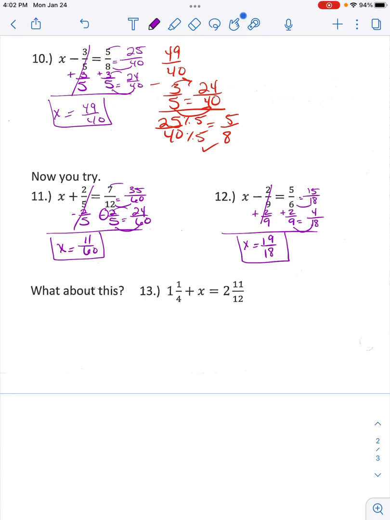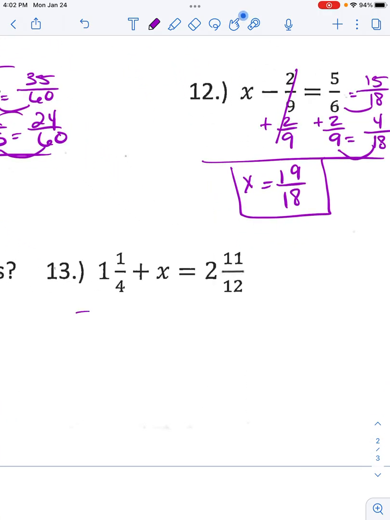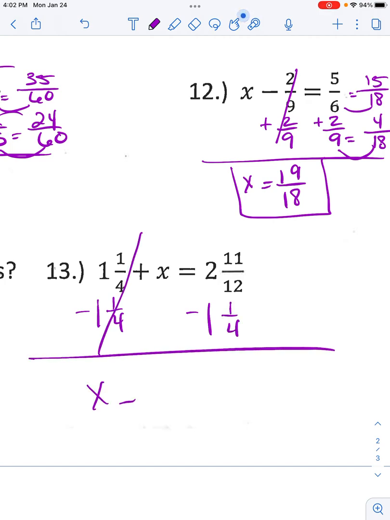Okay, the last one is just dealing with mixed numbers. We need to get that x by itself. It says x plus 1 1/4, so we're going to do the inverse and subtract 1 1/4 from both sides to get the x by itself. The common denominator would be 12, times 3. Now we can subtract 11/12 minus 3/12 is 8/12, and the whole number is 2 minus 1 is 1.